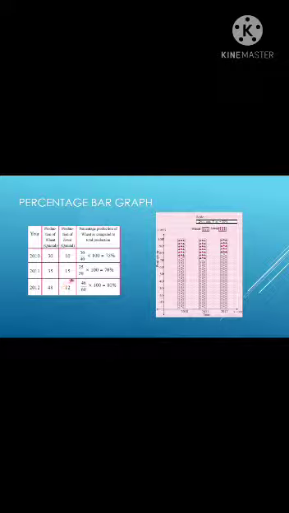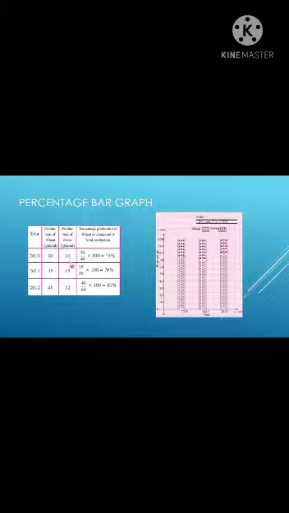To find the percentage of production of wheat for the year 2010, in the numerator take the production of wheat, that is 30, upon the total of the production of wheat and jowar, that is 30 plus 10, which is equal to 40, into 100, which is equal to 75%.